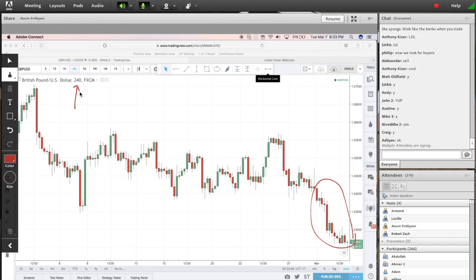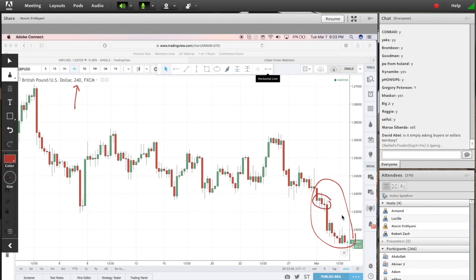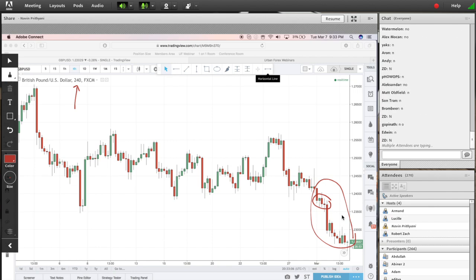Perfect. Now, once we got that area down, notice, would we consider this as true support equals resistance? No. Now let me ask you a question, just as a simple logic question. What do you think might happen if I go down to the 1 hour or the 15 minutes?